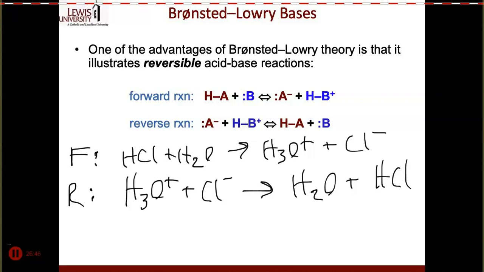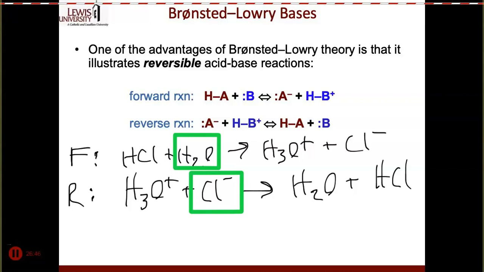So we just talked about in the forward reaction how water is accepting the proton, so it's acting as our base. But in the reverse reaction, what's accepting the proton? It's Cl minus. Okay? So both of those substances are acting as a base in the forward and the reverse reaction.